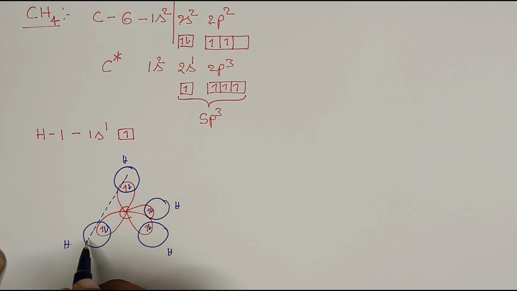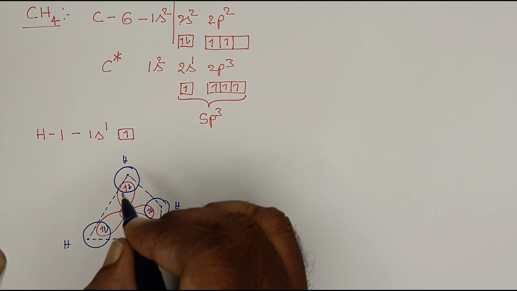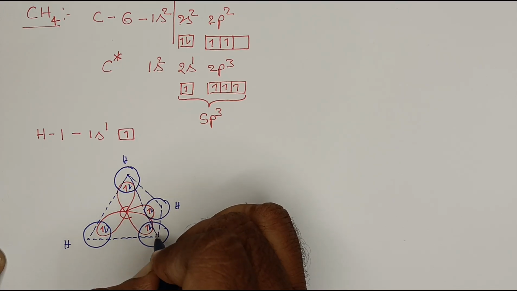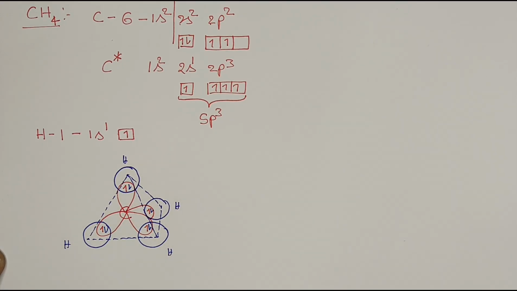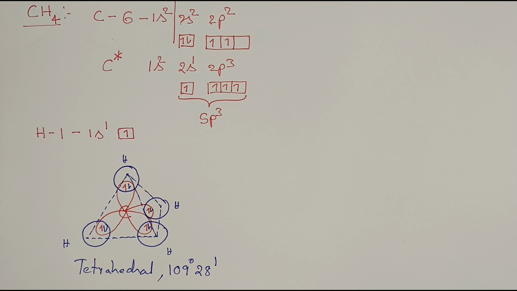The shape of the molecule is tetrahedral, and the bond angle is 109 degrees 28 minutes. So this is the best, or simplest, example for sp3 hybridization.